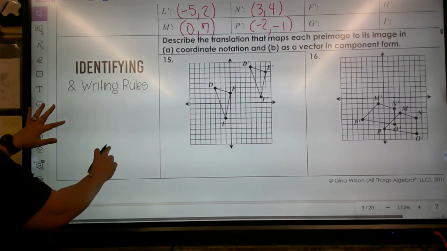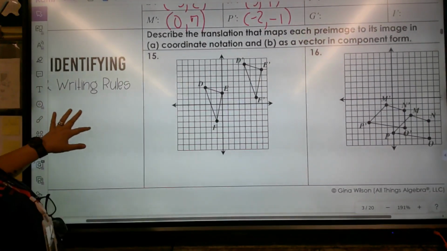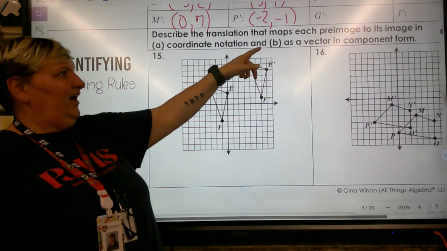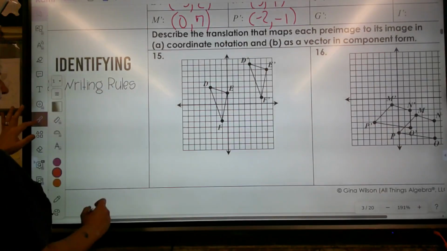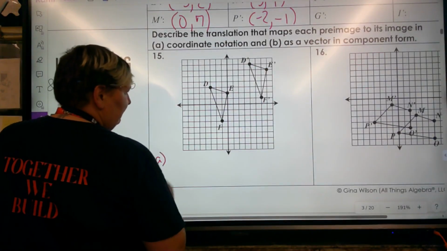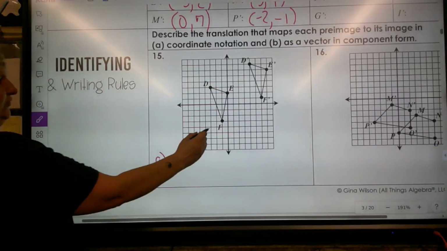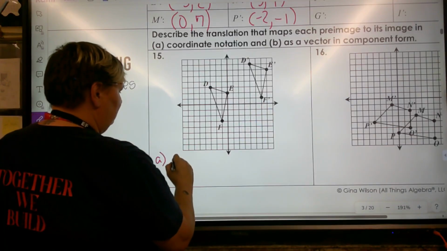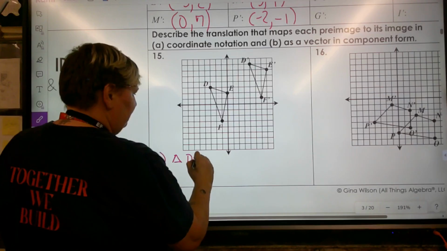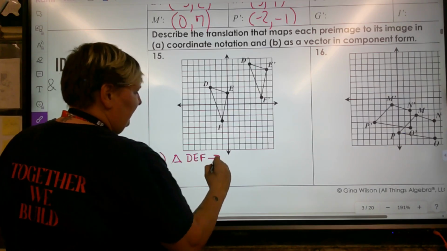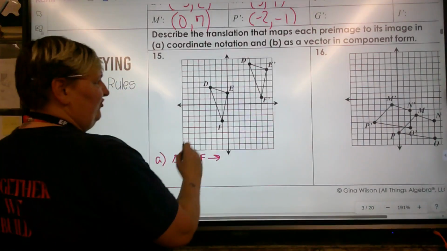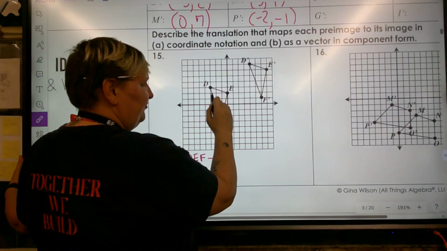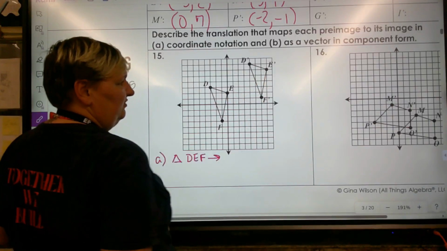All right, last, describe the translation that maps each pre-image to its image, first in coordinate notation, and B as a vector in component form. All right, so first, what do we have? We have triangle DEF. And what did we do to it to go from pre-image to image?